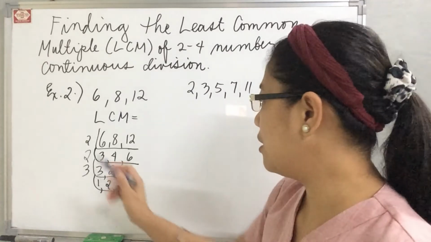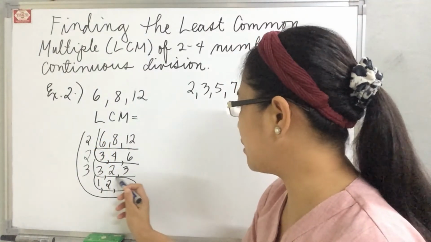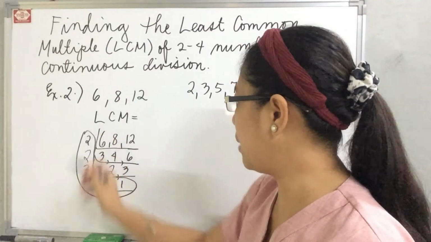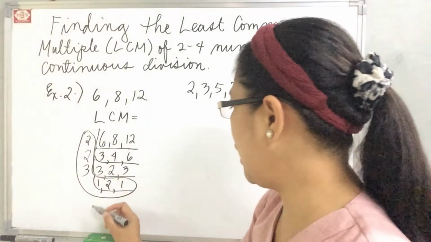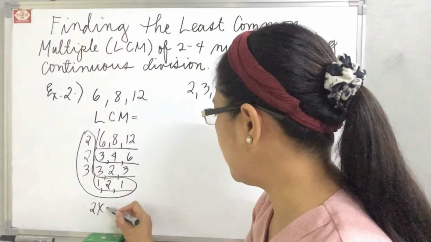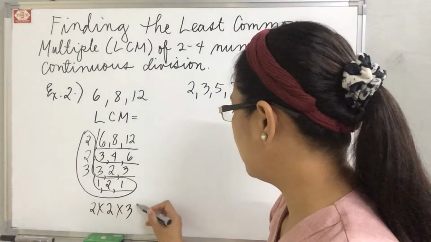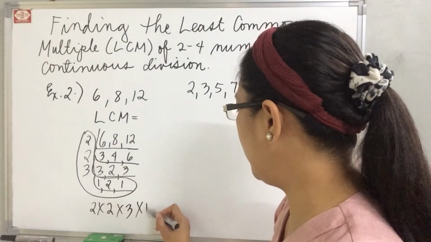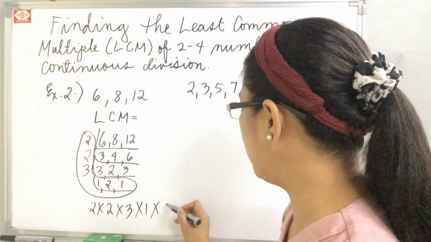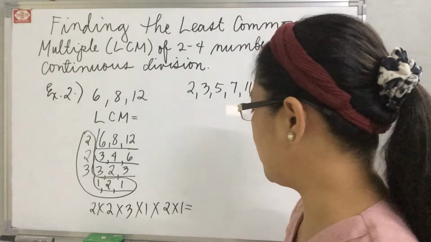Let's get the divisors and all of our quotients. Let's multiply them. So we have 2 times 2 times 3 times 1 times 2 times 1. Okay, let's multiply.